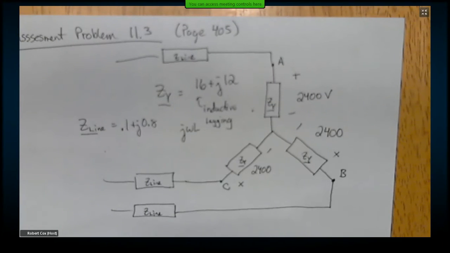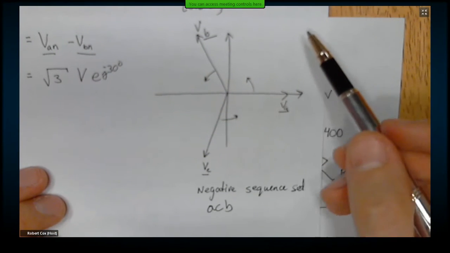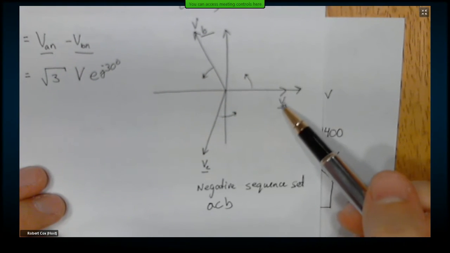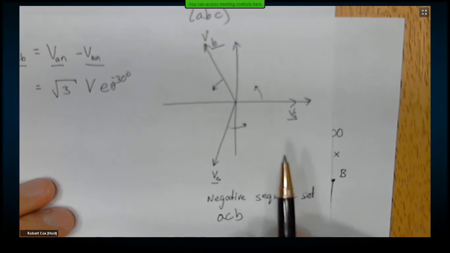The Y-connected source at the sending end of the line, where the sources are, has a sequence of ACB. That means it's a negative sequence set. So what was the difference between the positive sequence and the negative sequence? ACB means A peaked first, C peaked second, B peaked third.